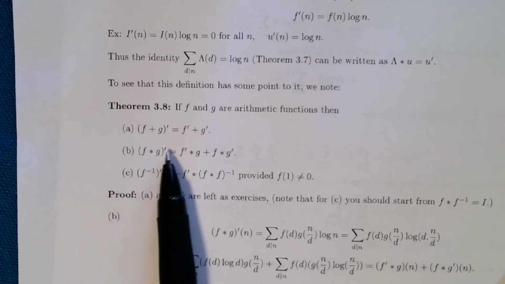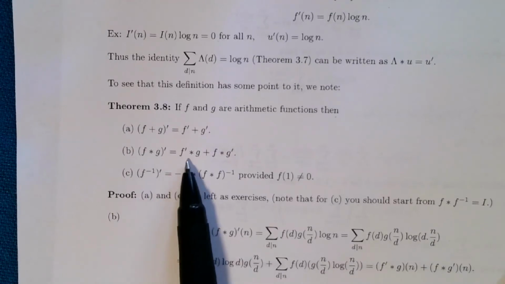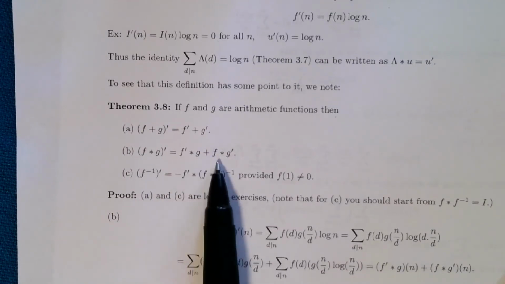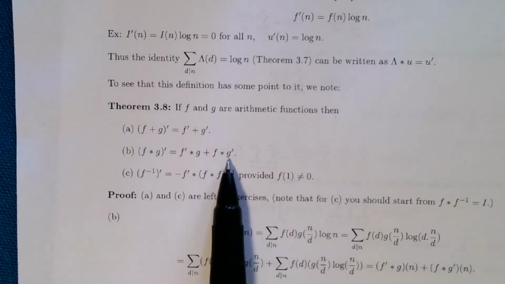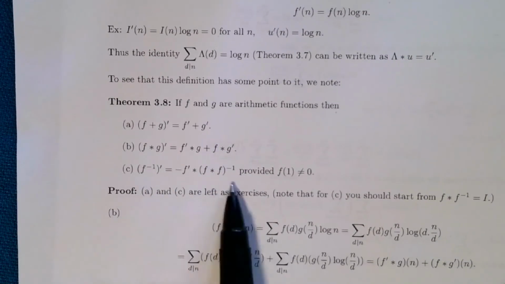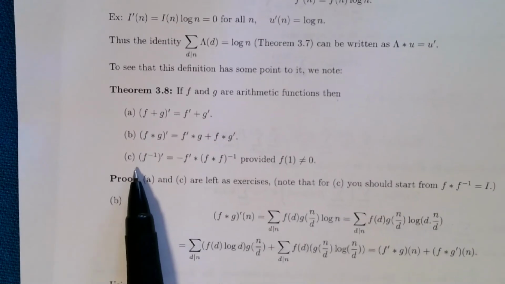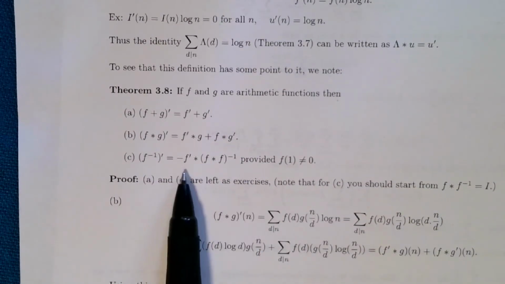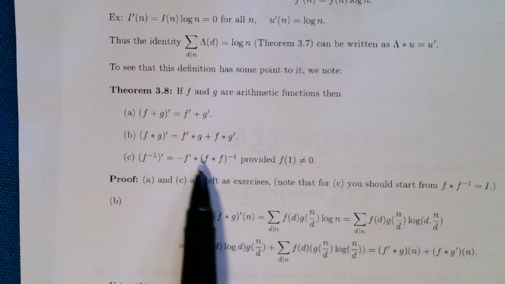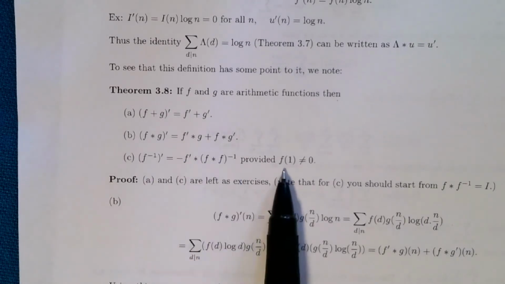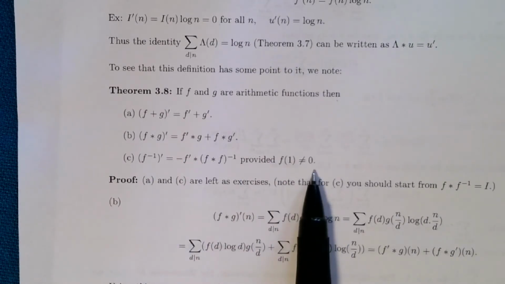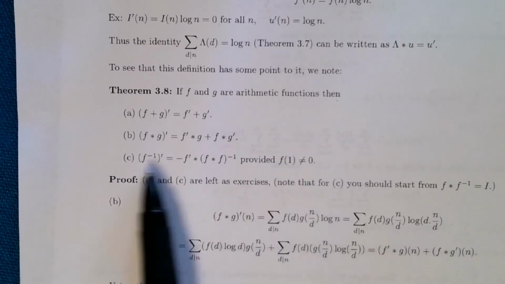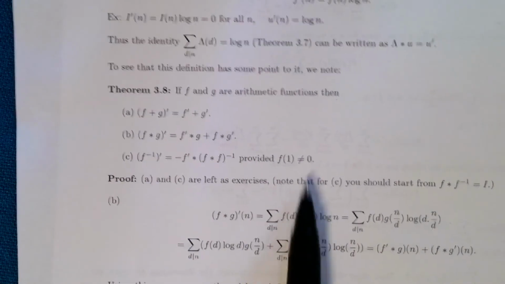That is, the derivative of the product is, you take the derivative of the first times the second plus the first times the derivative of the second. And we also have a little formula for the derivative of the inverse, which is slightly more complicated. It's minus f dash star f all inverse, provided f of 1 is not 0, because then the inverse doesn't exist in the first place.